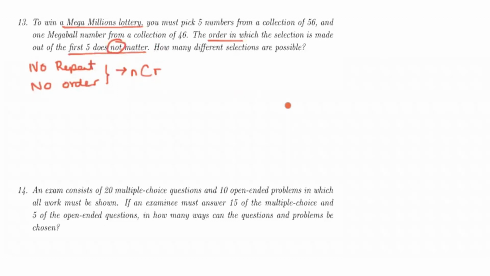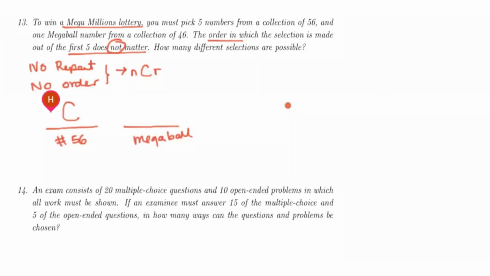So I read. All right, so here are 2 groups. Group 1 is a collection of 56 numbers. Group 2 is a collection of 46 numbers. So here is the Mega Ball, and here is just a collection of 56 numbers. So it says you must pick 5 numbers from a collection of 56.